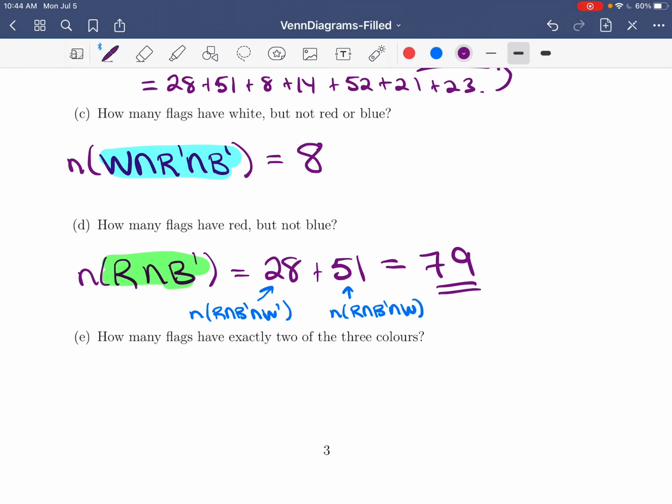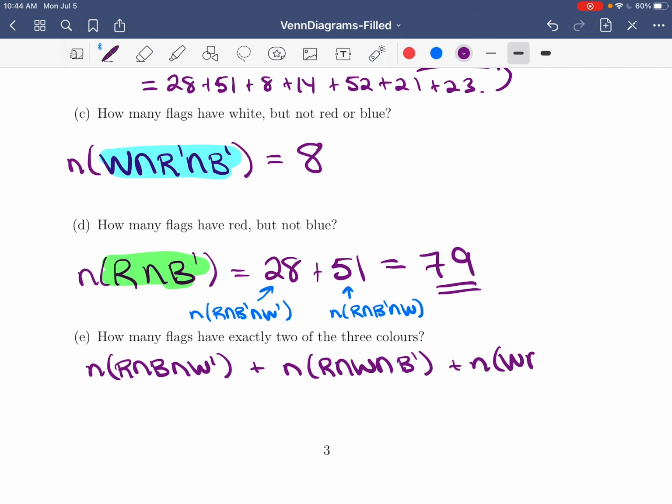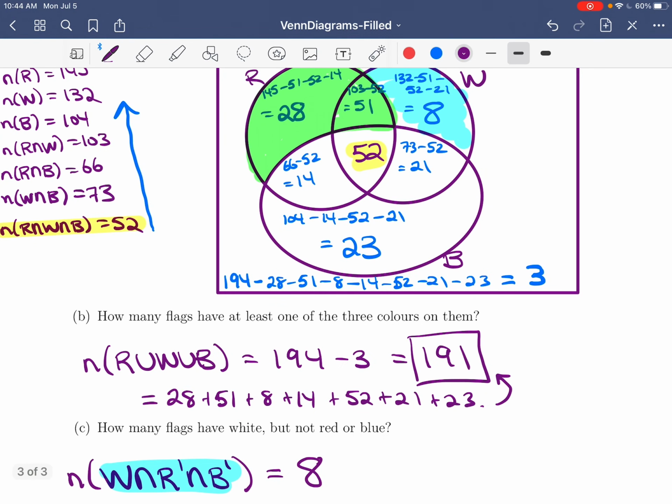So exactly 2 of the 3 colors. So that means that I want the number that have red and blue but don't have white, plus the number that have red and white but not blue, plus the number that have white and blue but not red. Okay, so those are going to be these 3.